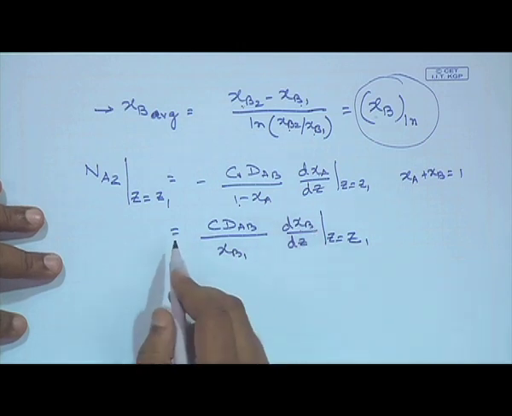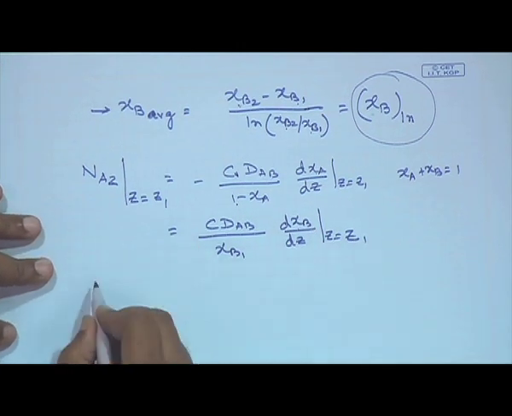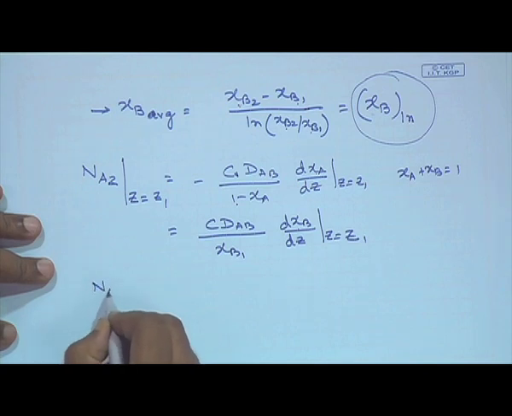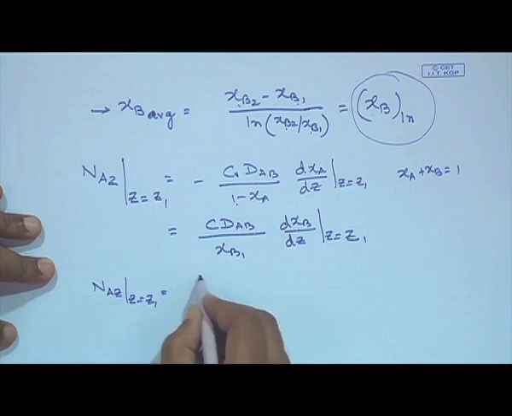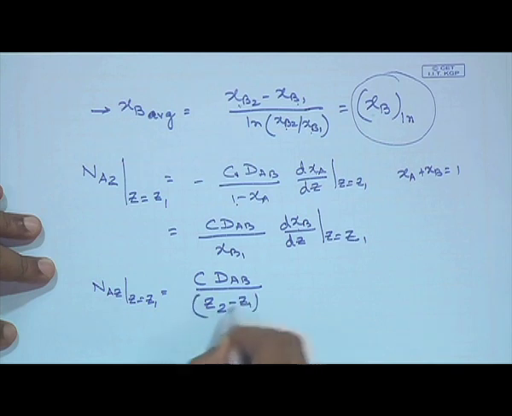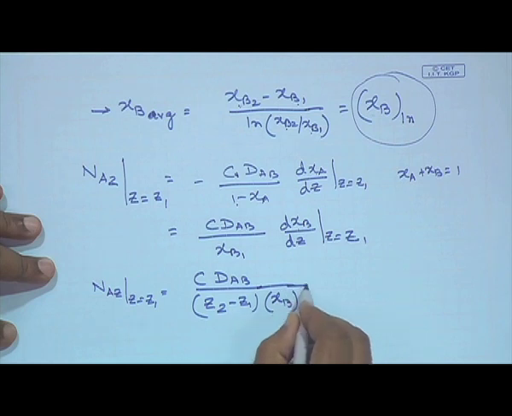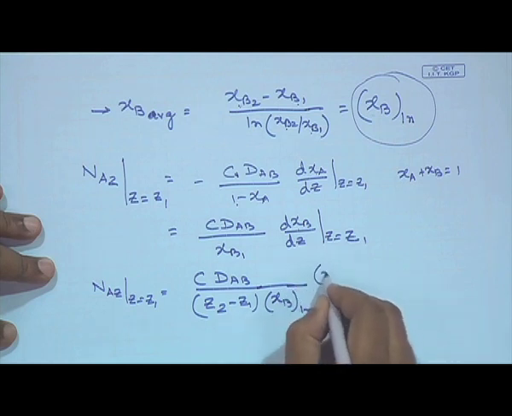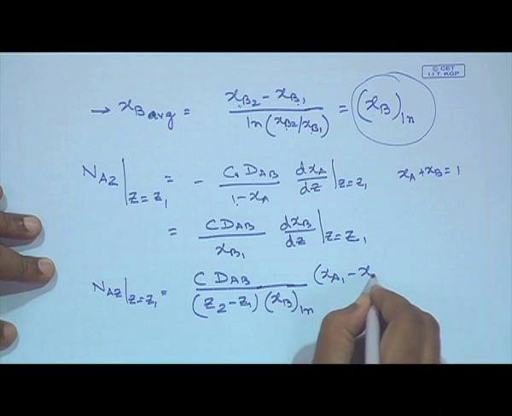So, the minus sign disappears from here, and if you use the previous relation, NAZ at Z equals Z1 would simply be equal to C DAB by (Z2 minus Z1), and over here you get XB log mean concentration difference times (XA1 minus XA2).